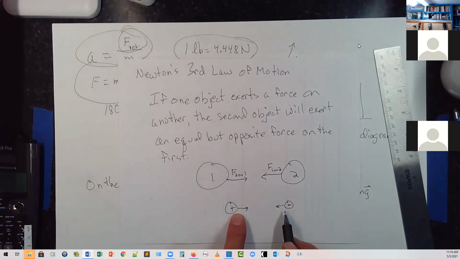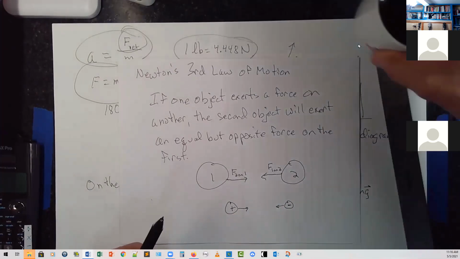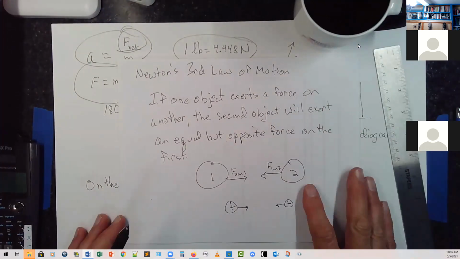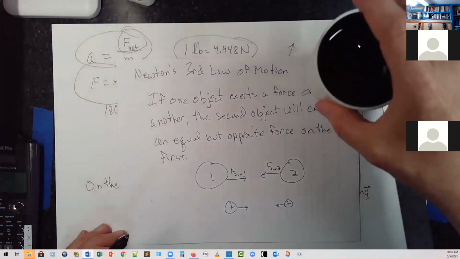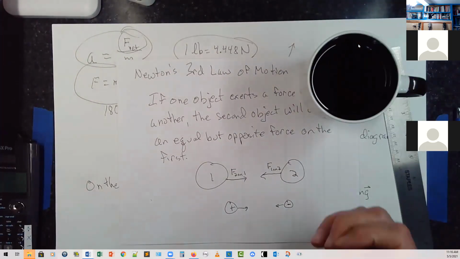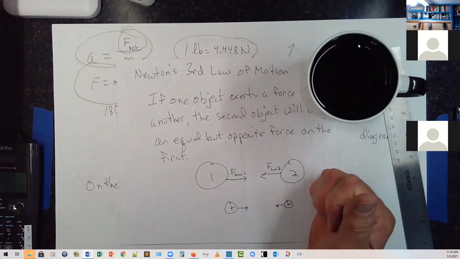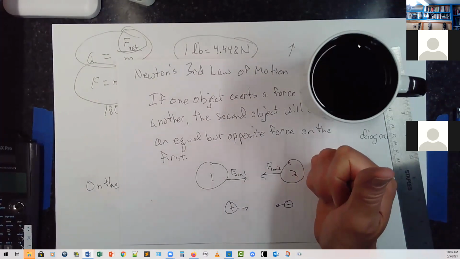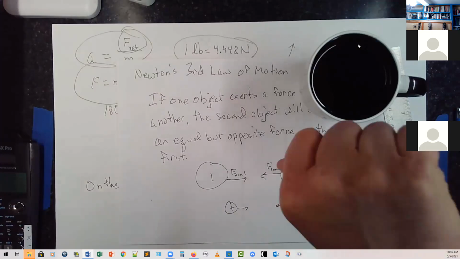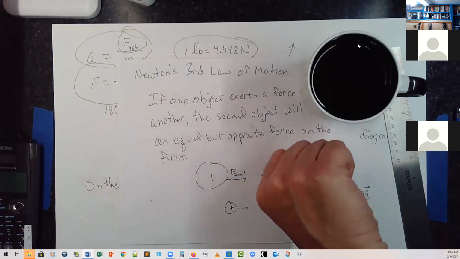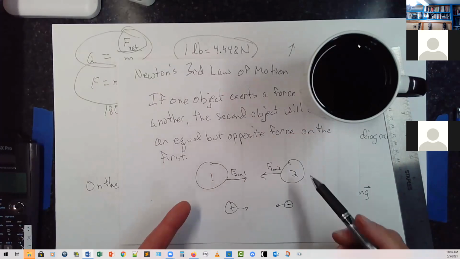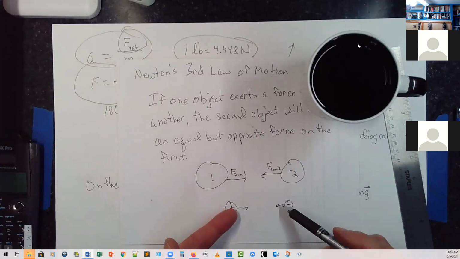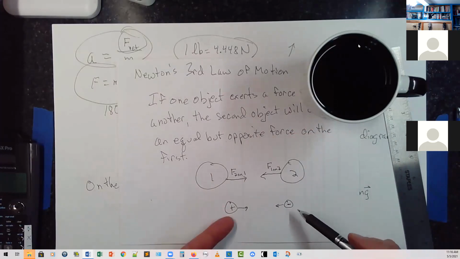Well, suppose you've got something sitting on a tabletop, like my glass of water here right now, which you can't see very well, but the tabletop is exerting an upward force on that cup of water. The cup of water is exerting a downward force on the tabletop. That's happening because of zillions of interactions between charged particles that attract or repulse each other.